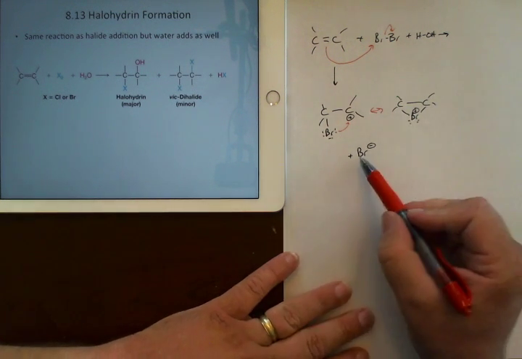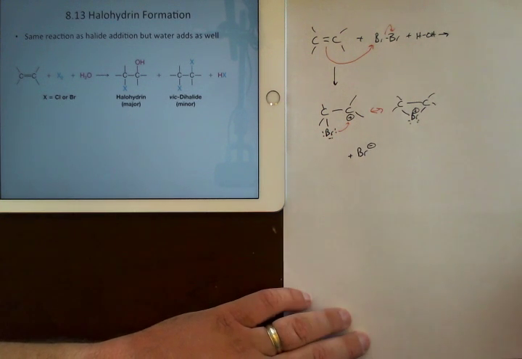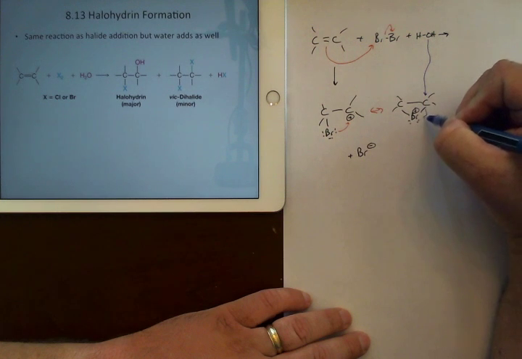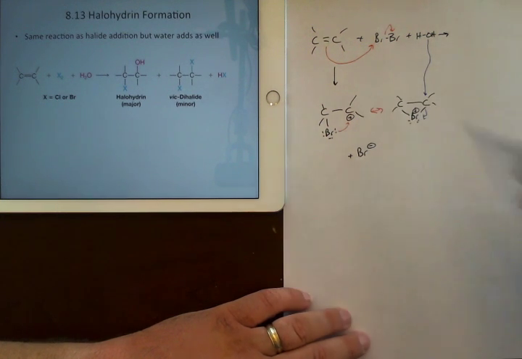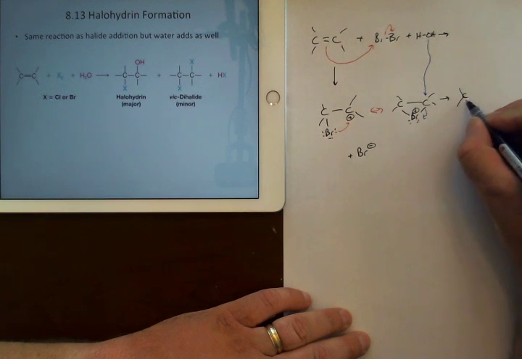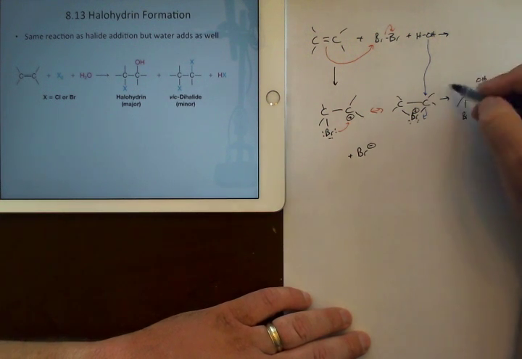But instead of the bromide, because bromides can be a fairly terrible nucleophile, what's going to happen is now water is going to come in, or you can have it come in here. And so either way, what's going to end up happening is you get bromine on one side and you get the OH on the other.